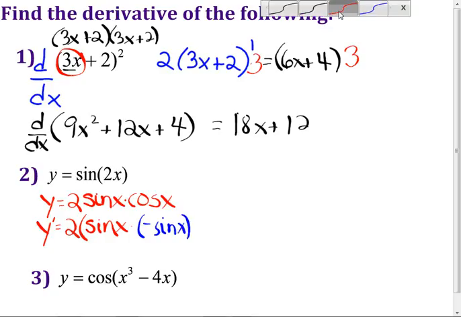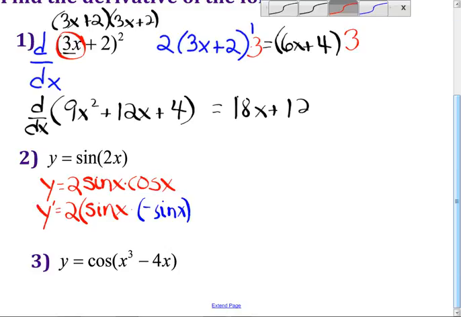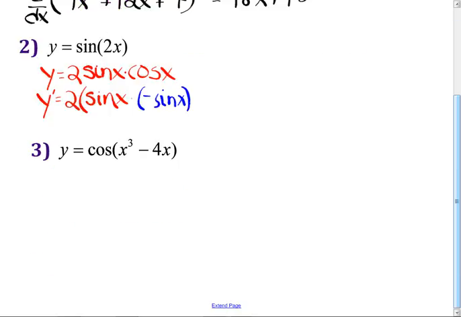Sorry, I'm going to move that up. Well, these you got to know. Plus, and then it's the cosine of x, right? Times the derivative of the sine of x. What's that one? Derivative of sine is cosine.